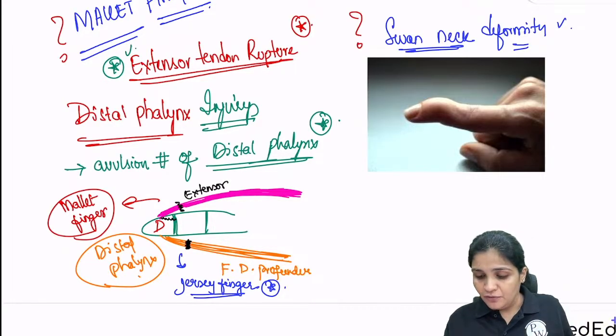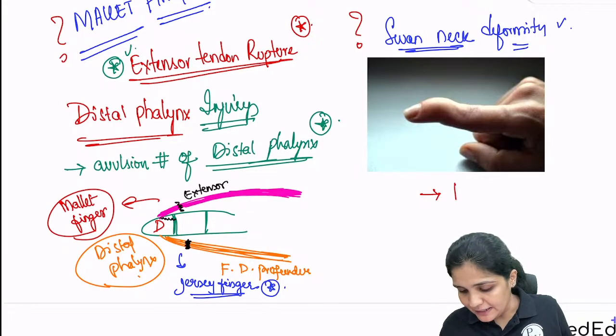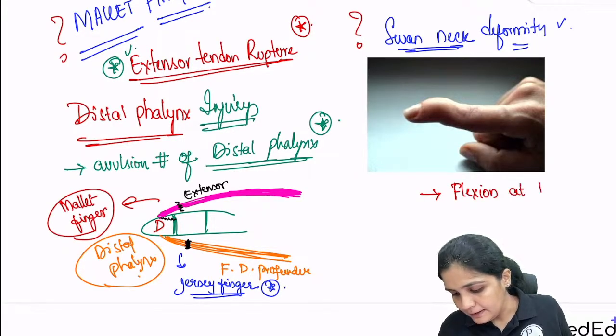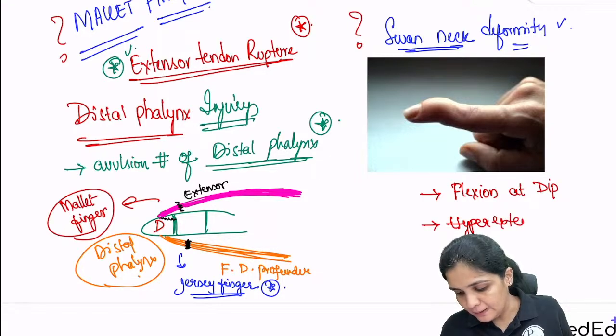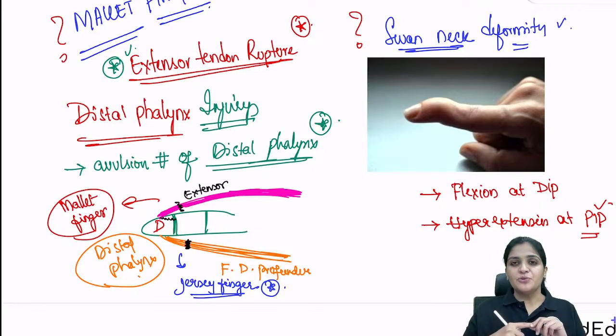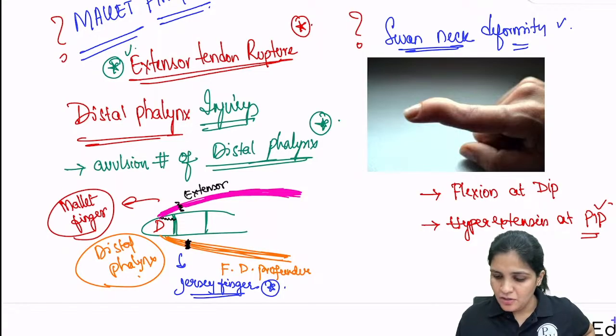Coming to swan neck deformity, yes, you are right. There is a flexion at DIP, but remember, there should be a hyperextension at PIP. Here there is no problem at PIP, right? There is only a problem which you can see in the DIP.